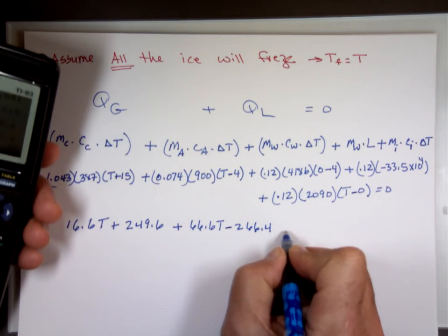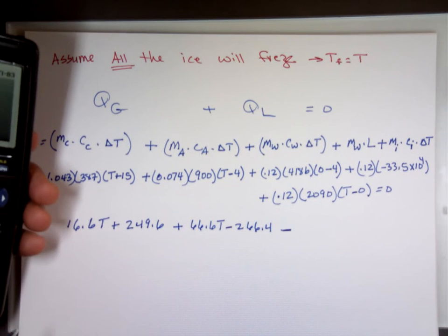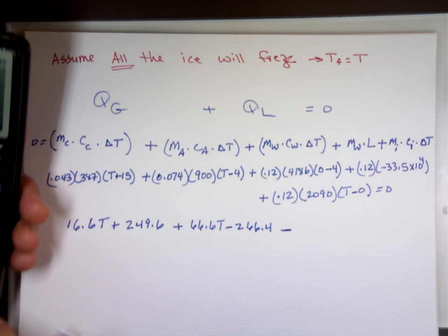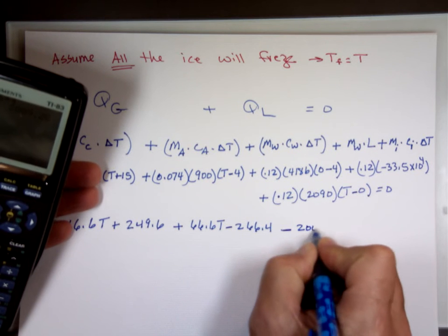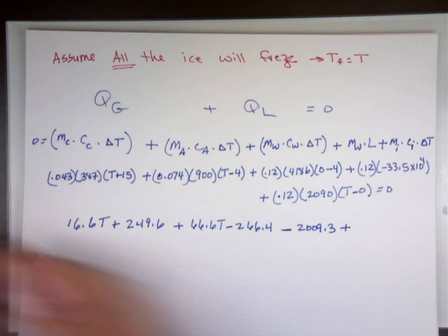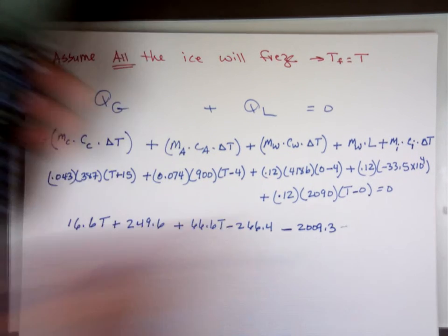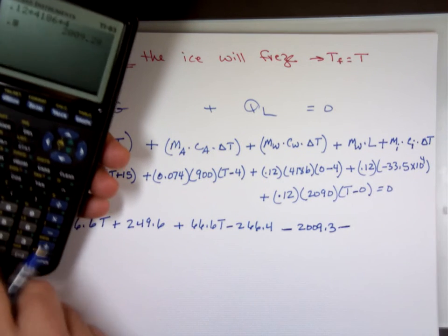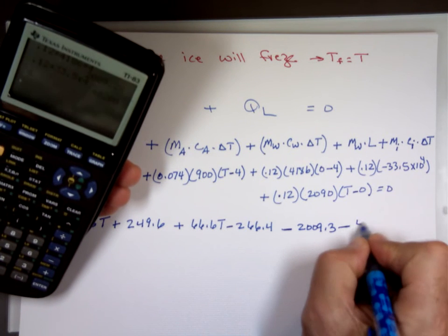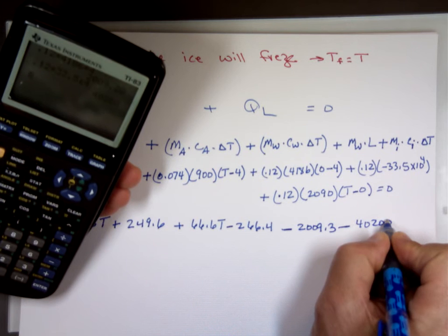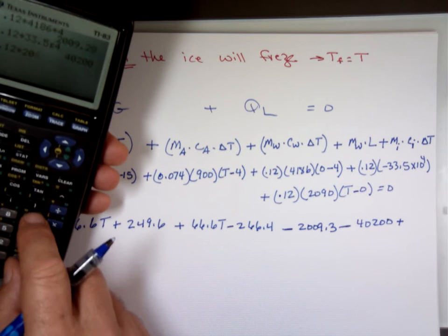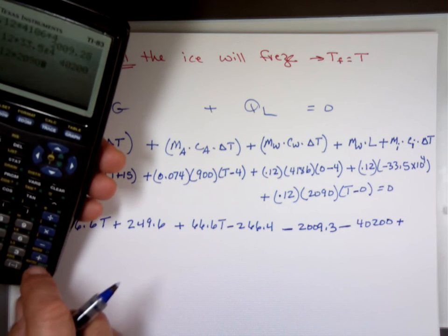This will be a minus 0.12 times 4186 times the 4, 2009.3, plus, or that should be a minus, because then the second number is negative. 0.12 times 33.5 e to the 4, 4200, plus 250.8 T.